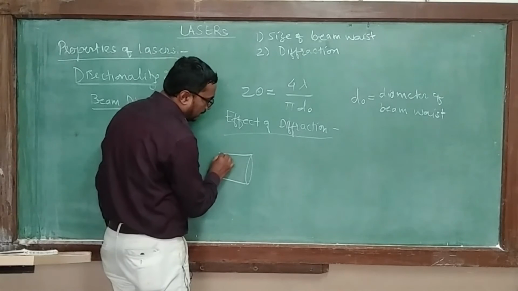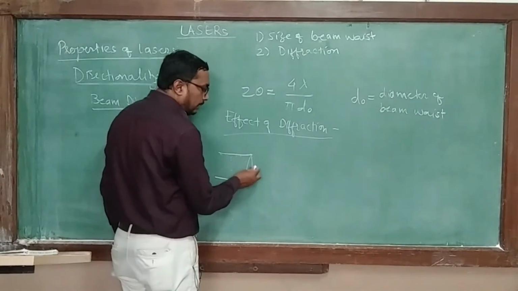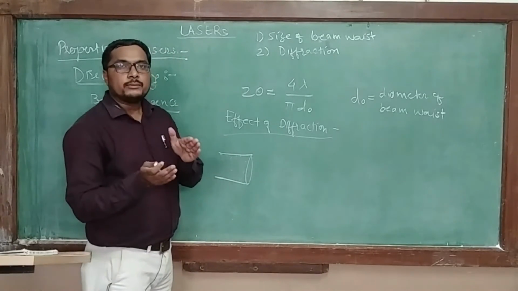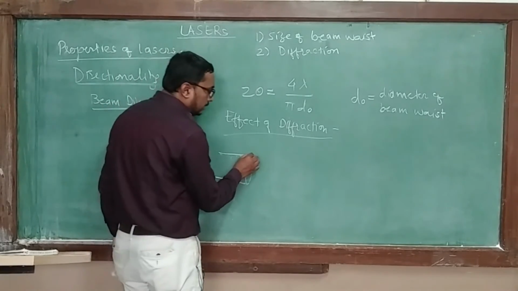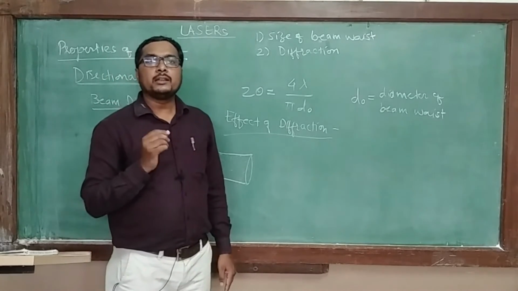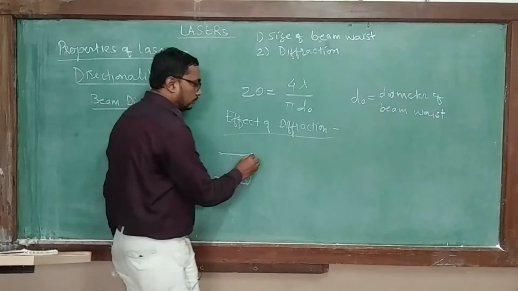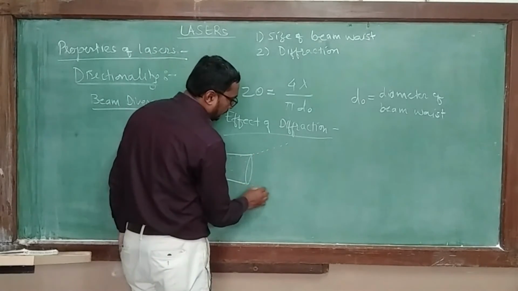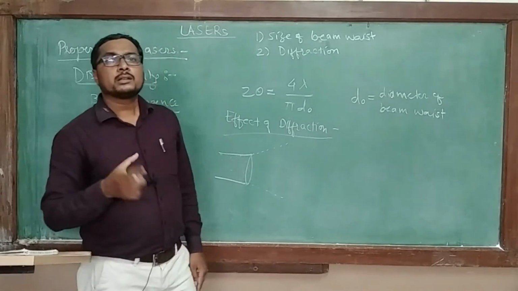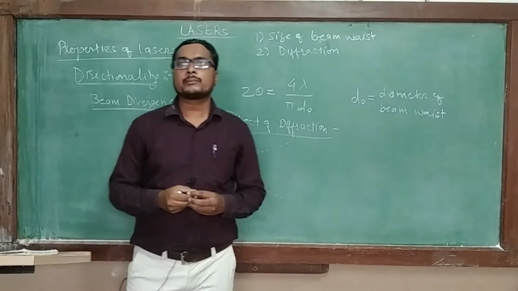The laser beam coming out of this output window, the part closer to the edge of this window, is affected by diffraction, and that effect causes the divergence of the laser beam. So there is divergence of the laser beam due to the edges of the output window or output mirror.